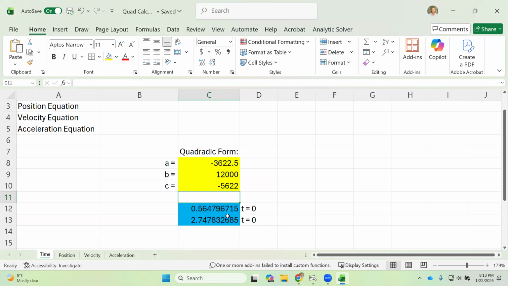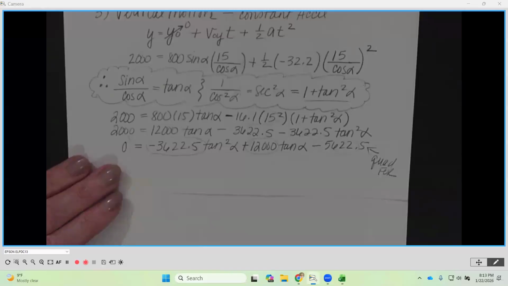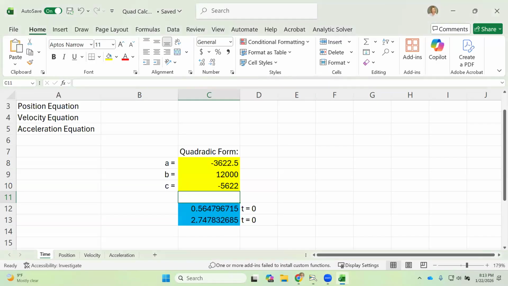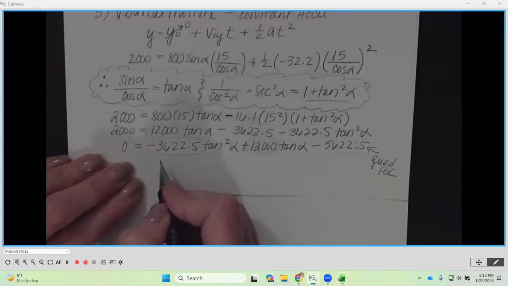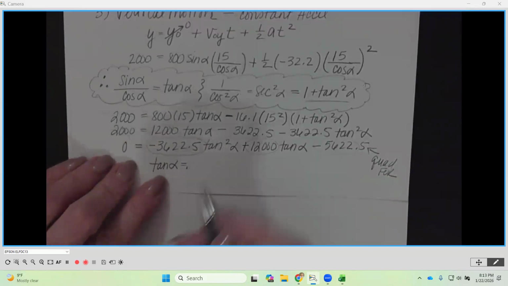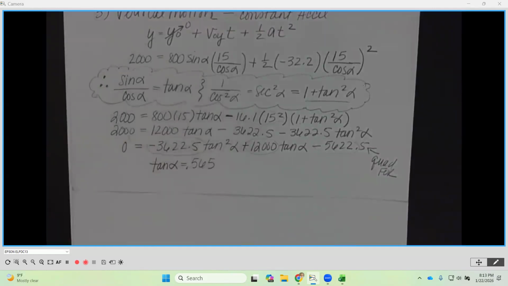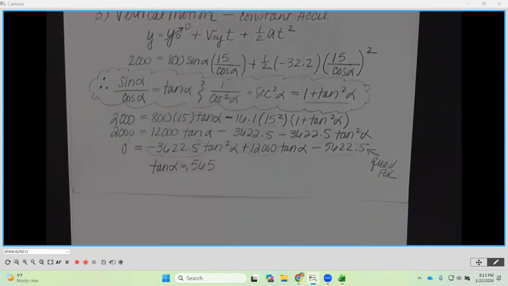Now, I'm going to go back one more time. Because neither one of these values is negative, that means that we have two valid values for our angle. The angles are not these, okay? The angles are not those. So tan alpha is going to be equal to 0.565. You are going to take the inverse tan function of 0.565, and that will be the angle.